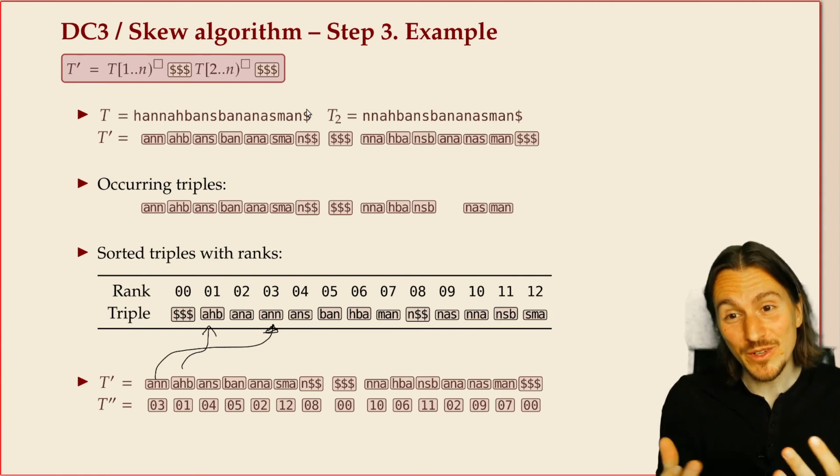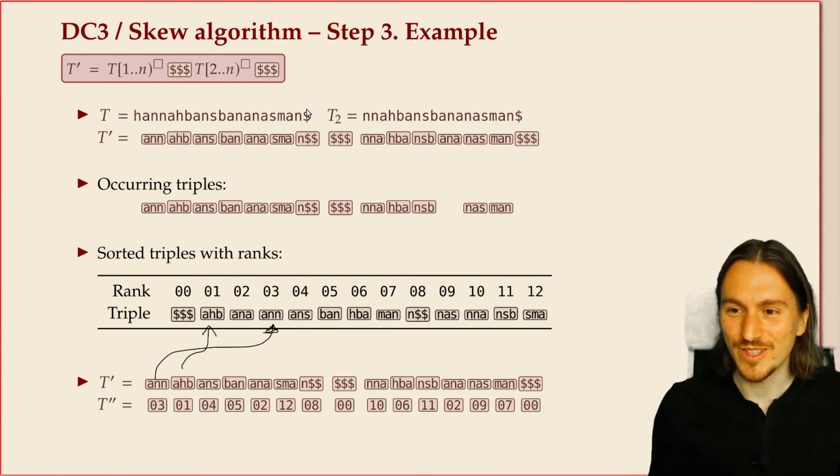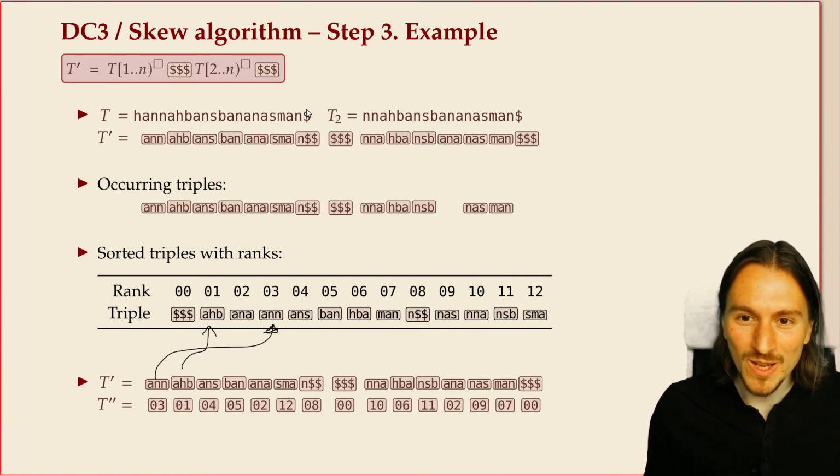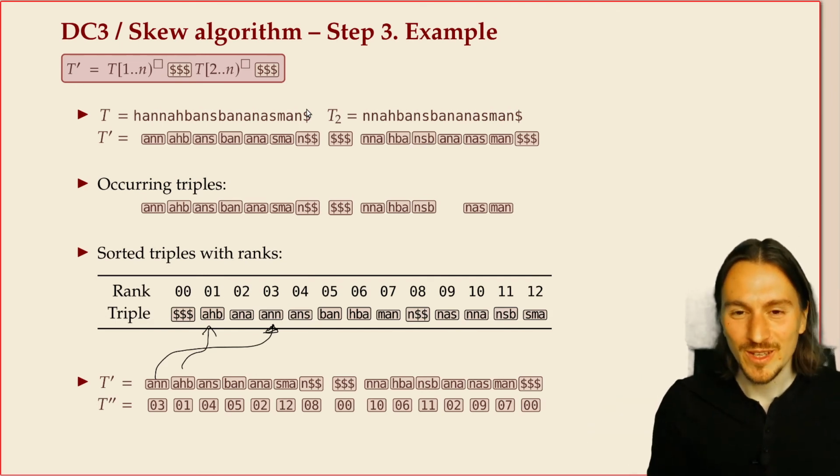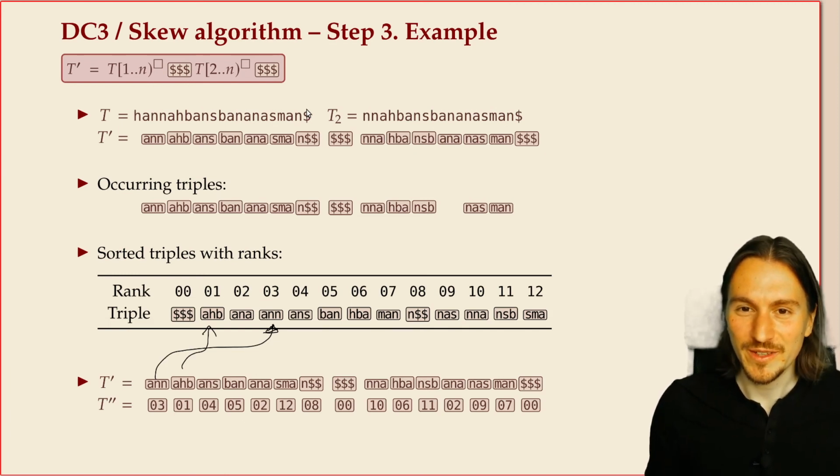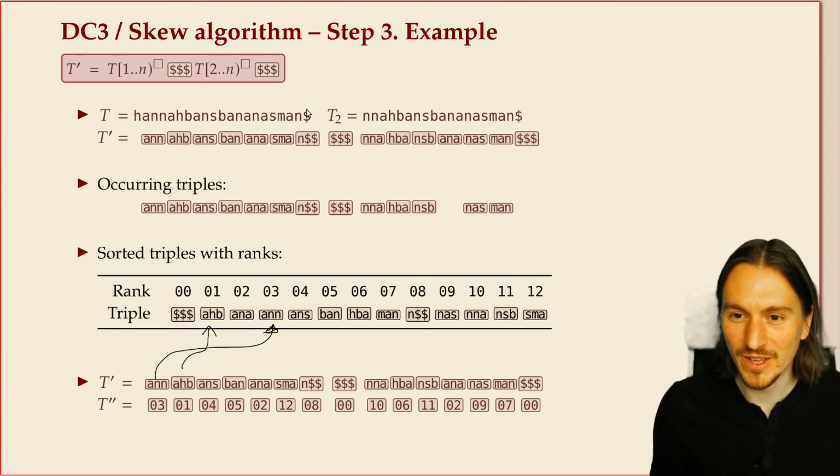From that, you induce the ranks of all the suffixes that start at multiples of 3. And then you do the merging step. Both step 2 and step 3, again, use the tricks I've shown before to run in linear time. That's how you construct a suffix array in linear time, no matter how big the alphabet, no matter what the string looks like. This is worst case, always works.